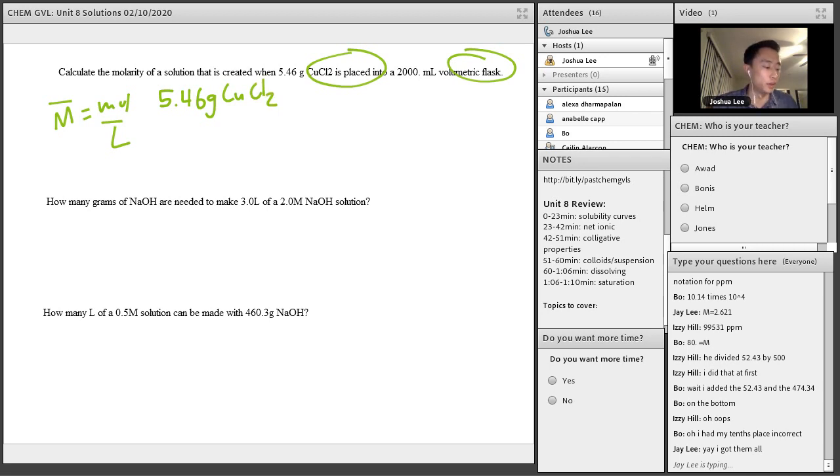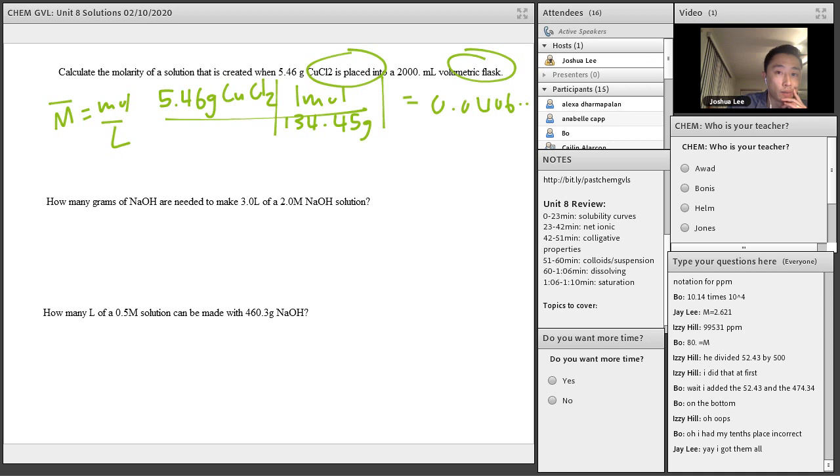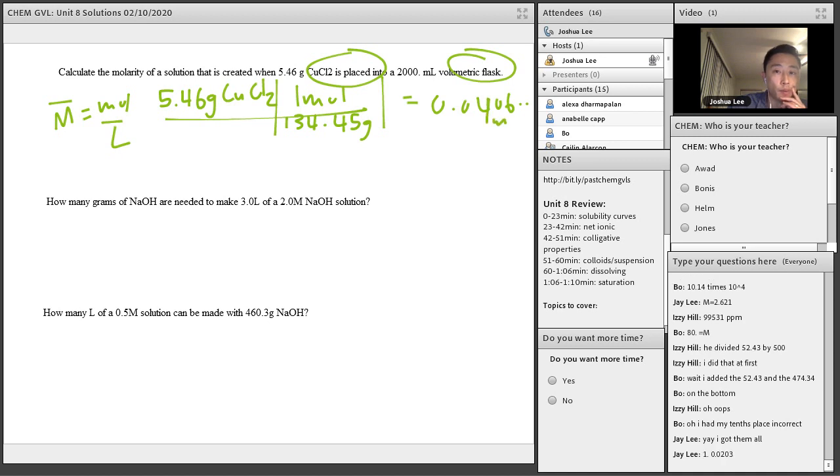CuCl2: copper is 63.55 plus 70.9, 134. So 5.46 divided by that. Yeah, 0.0406... mole.